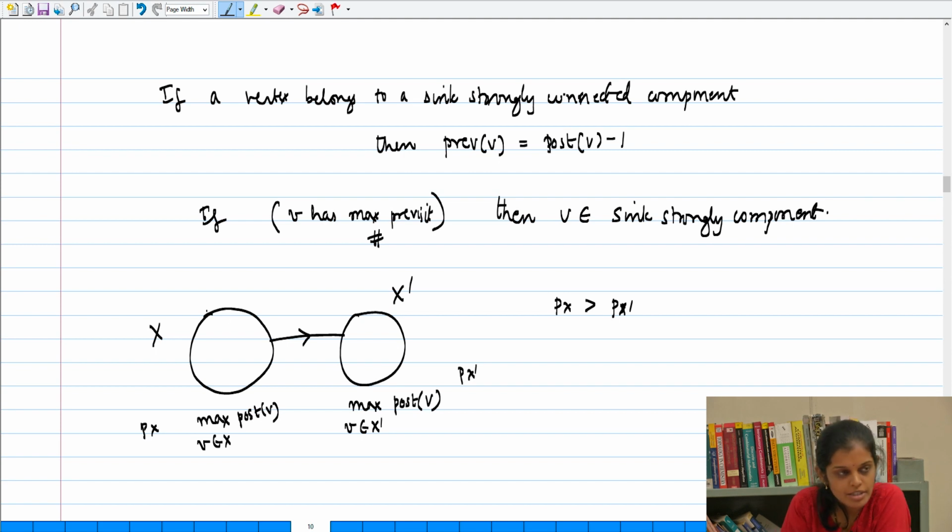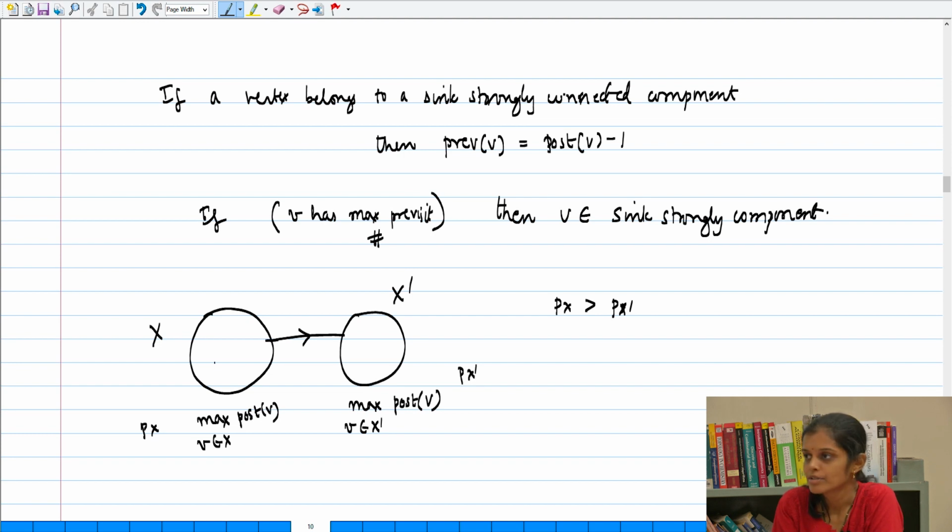What can you say in the other case? That is, we chose some vertex inside this component for exploration. You must have traversed this edge and therefore explored all the vertices in x prime, given them post visit numbers, and then come back to some vertex in x and given it a post visit number, right? So because of this witness edge which is going from x to x prime, you must have given a larger post visit number to some vertex inside this component.